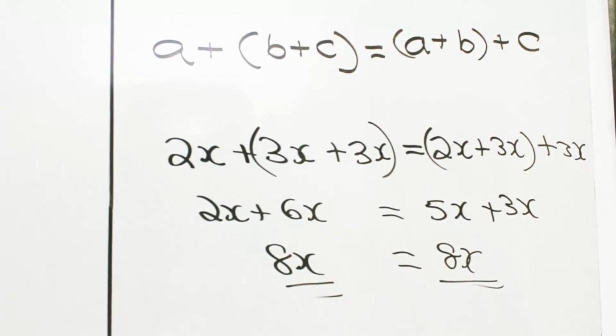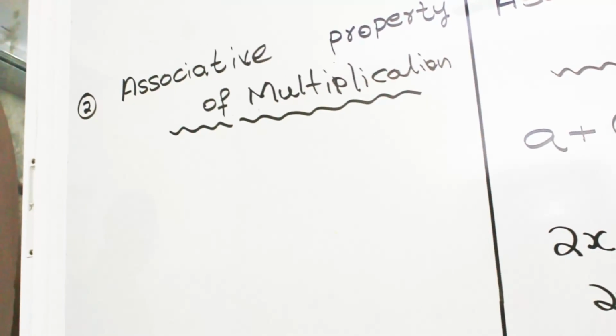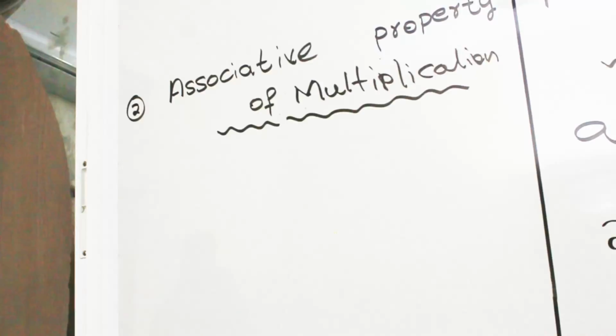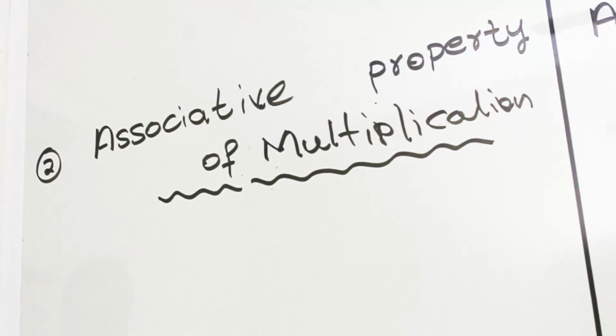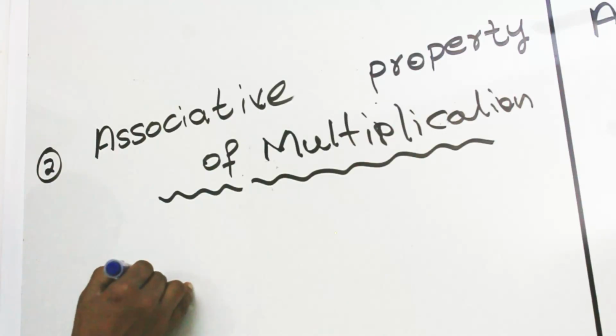Then we have the associative property of multiplication. What is it? We apply the same rule to multiplication.